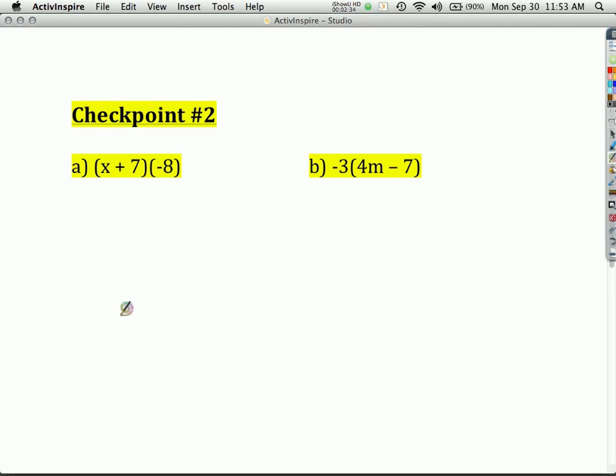Okay, so let's see who's starting to catch on. And again, even though we're most of the way through the lesson, if you still don't understand it, it's okay. Start with Chris, Aaron, Brianna. Chris, what'd you get for part A? Negative 8x minus 56. Okay, what'd you get, Aaron? 8x.